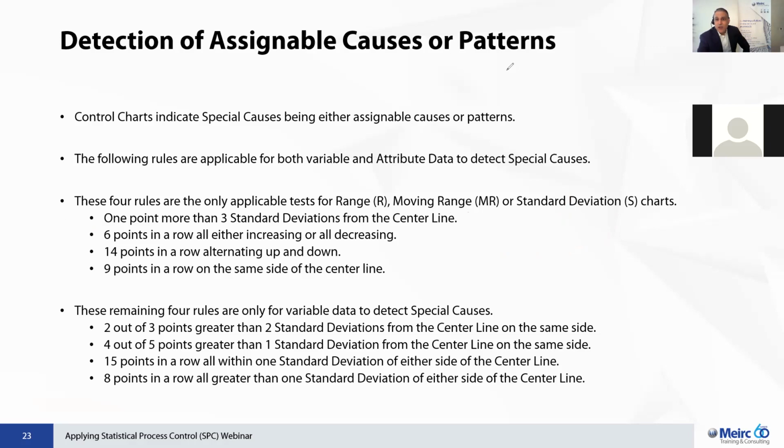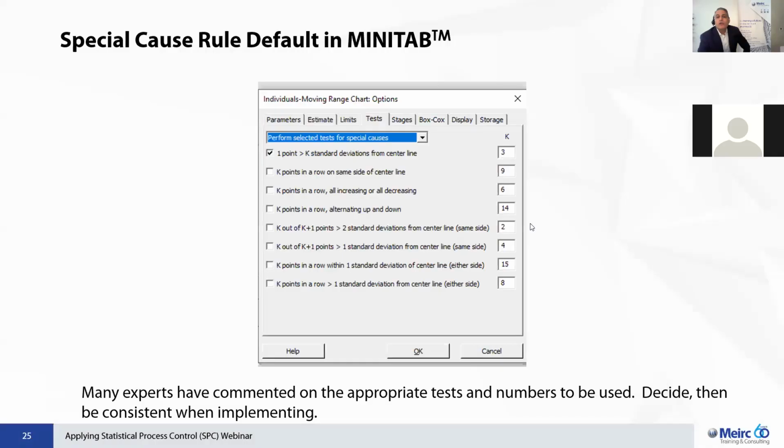So these are different types of tests. As I said, they are available on the tools. For example, Minitab. This is directly from Minitab, and there is a window that you can select the different types of variation test. So if you want this point, which is above the center line, 3 sigma up, 3 sigma down, you can basically have that. So you can select as many, you can be very stringent.